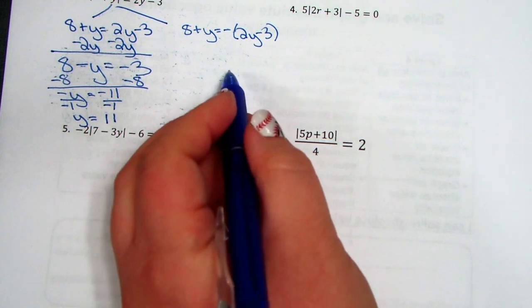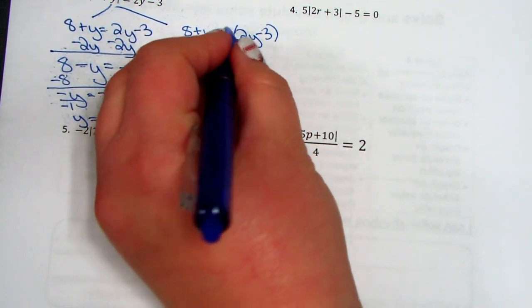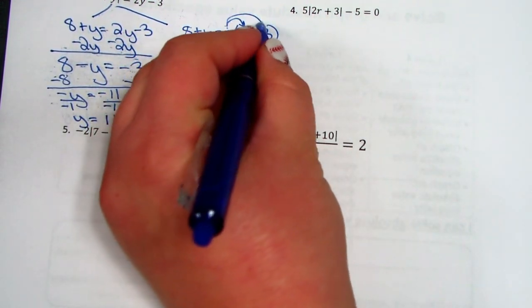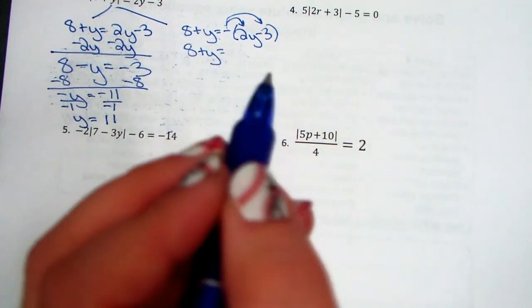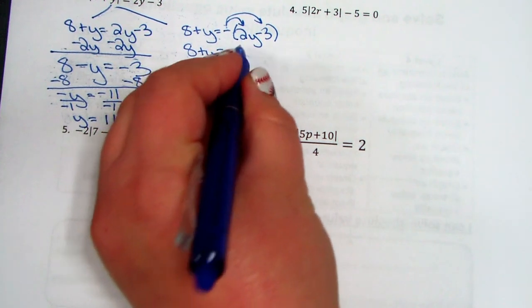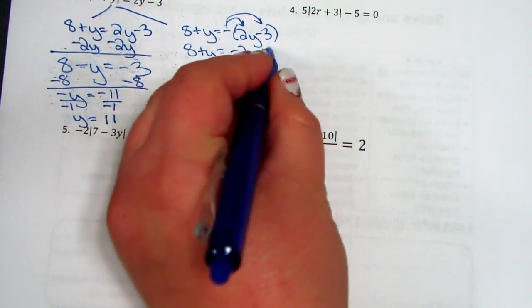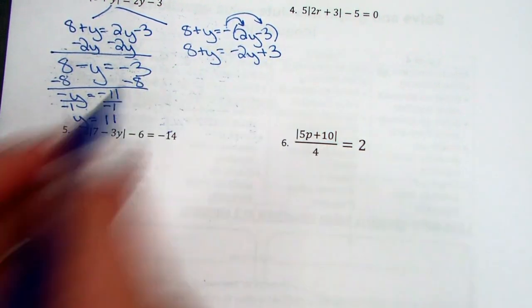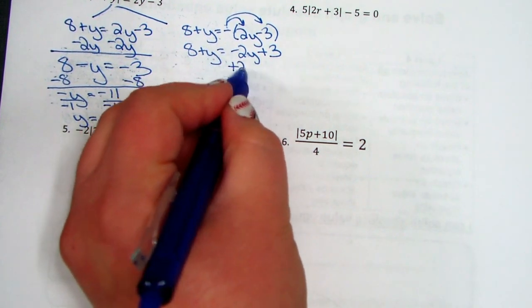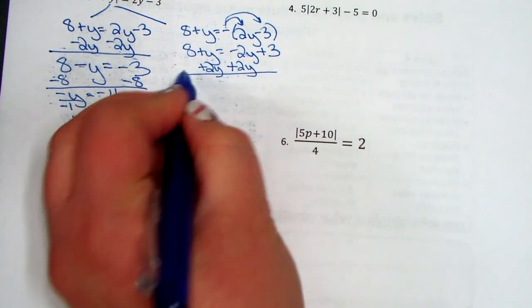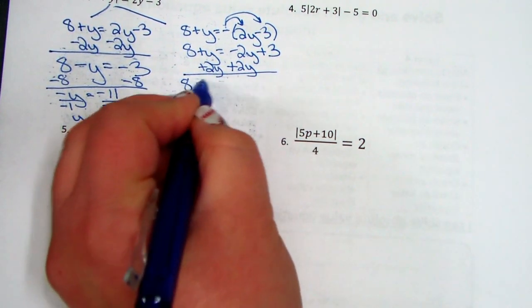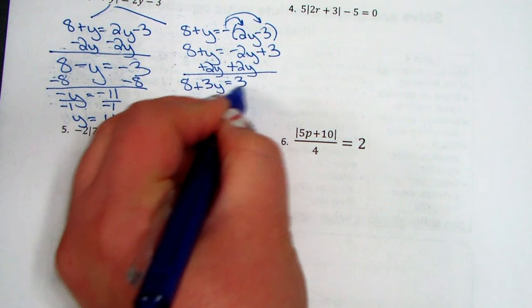On the other one, we need to distribute the negative first. So we have 8 plus y equals negative 2y plus 3. We will now add 2y to both sides: 8 plus 3y equals 3.